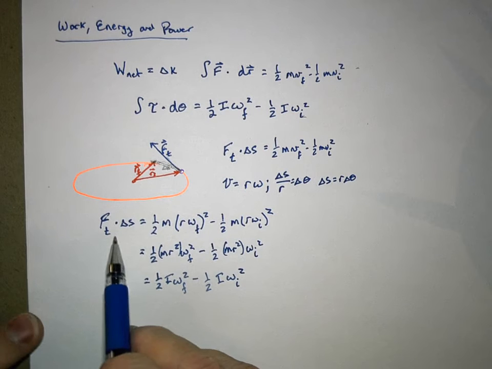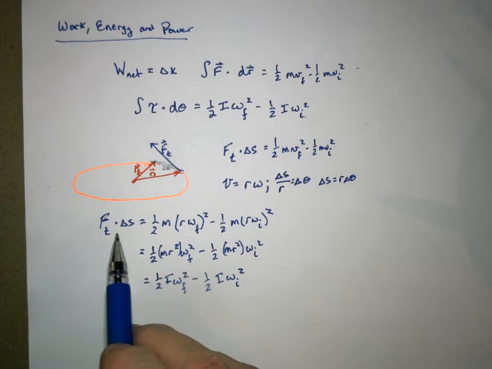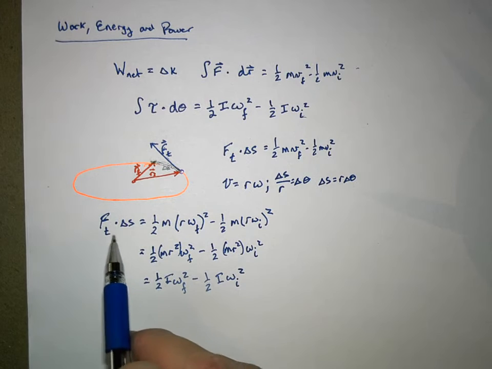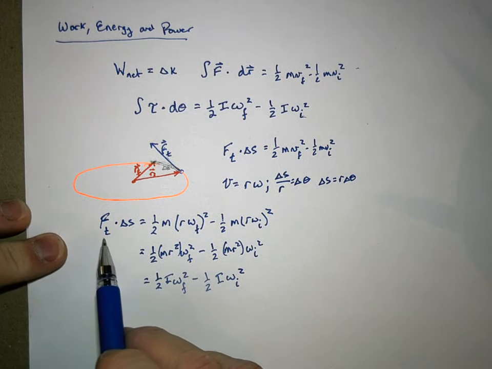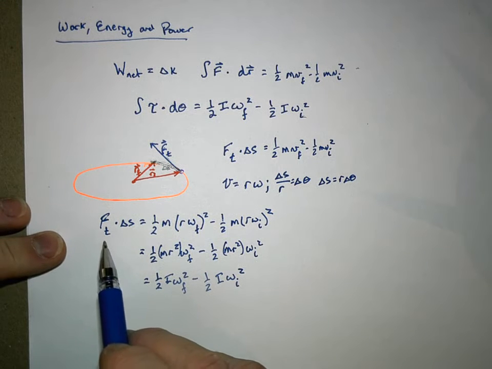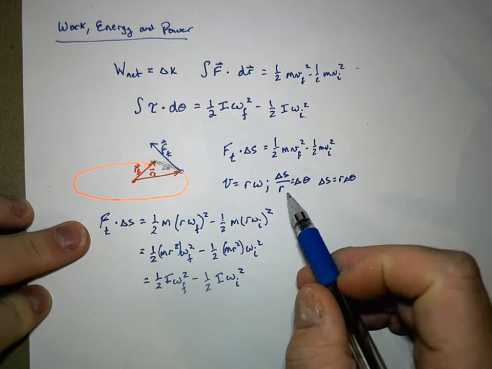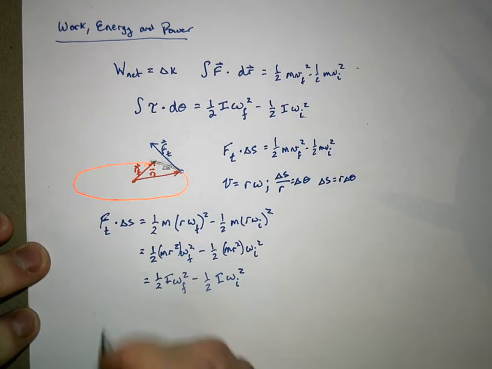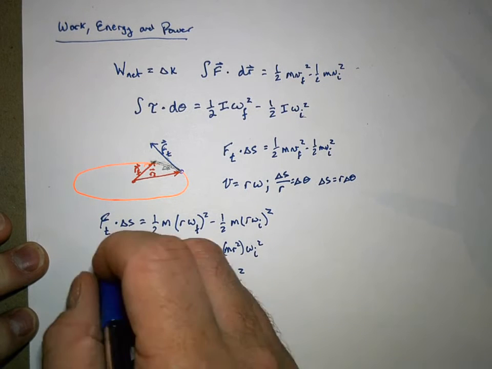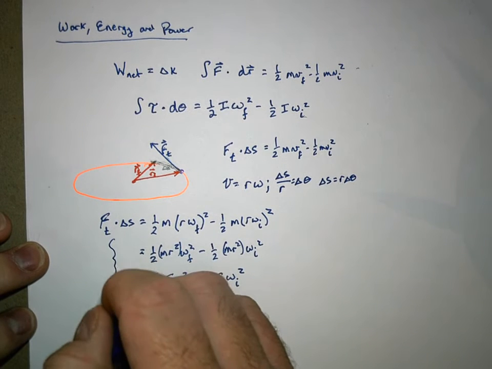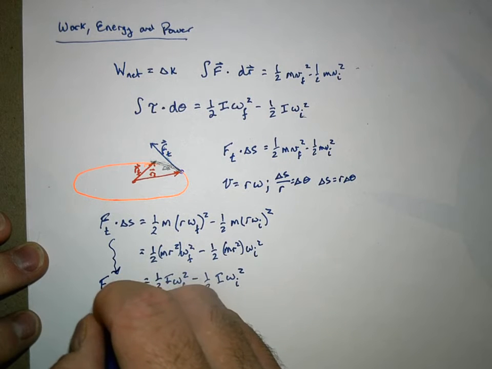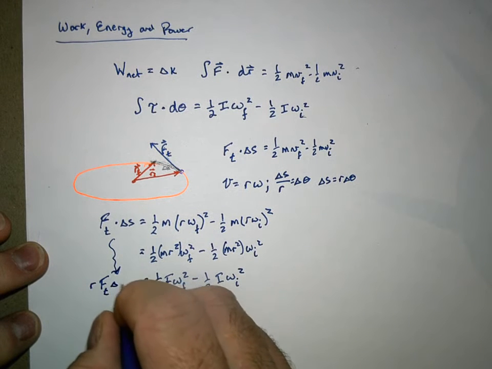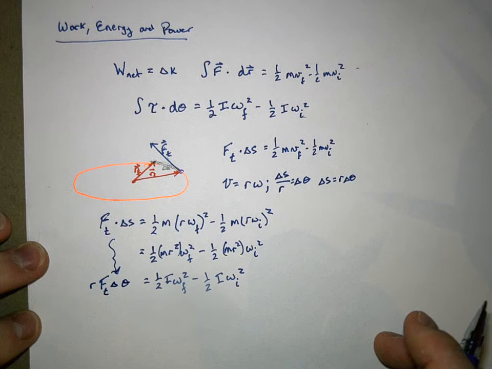However, if we take a look back over here, we need to convert this back into rotational also. So what is really our force? Well, we know that this is force times delta S, and we figured out that delta S was r delta theta. So we can rewrite this portion as our tangential force, where delta S becomes r delta theta, and what is this?